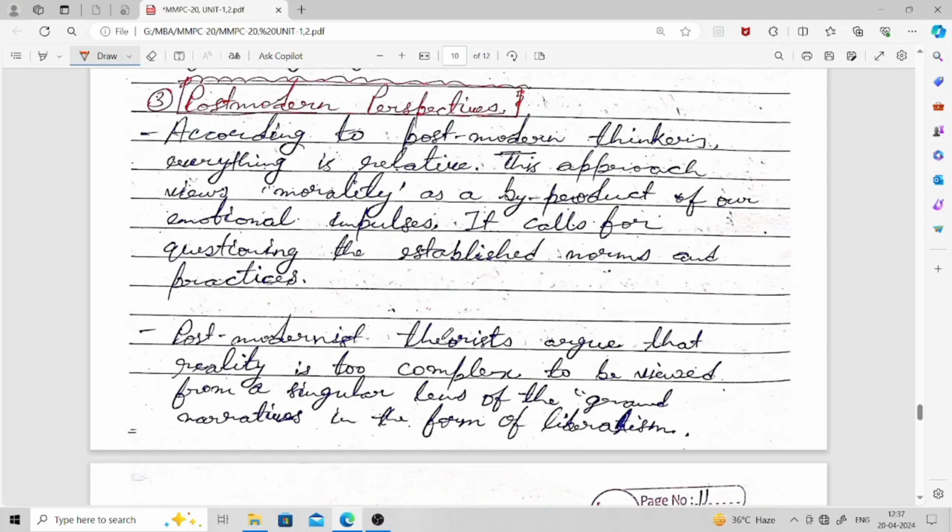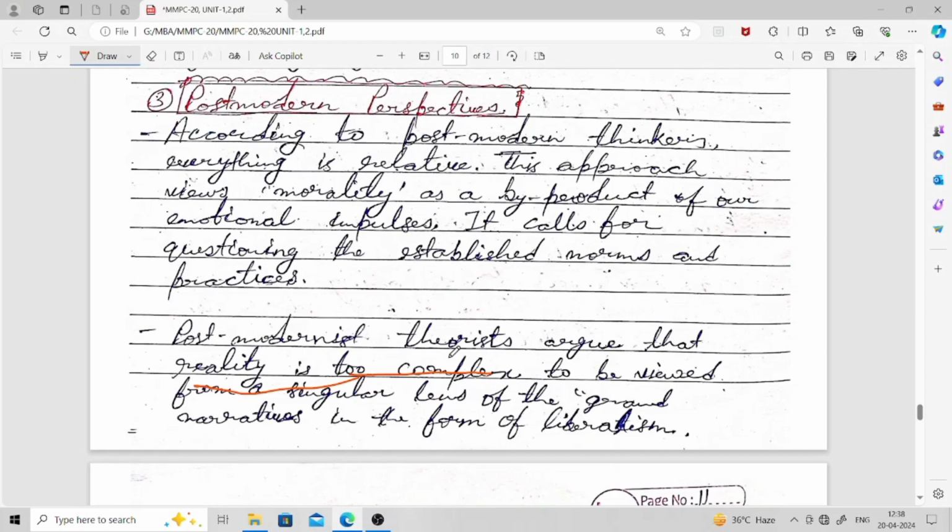So postmodernist theorists argue that reality is too complex to be viewed from a singular lens of grand narratives in the form of liberalism. Reality is very complex, so it should be viewed from different perspectives.